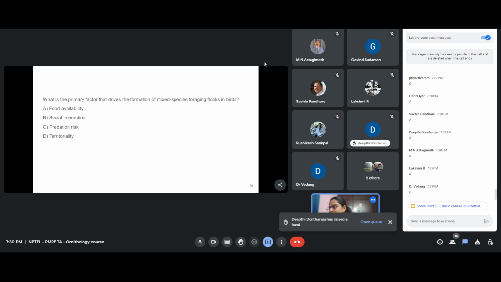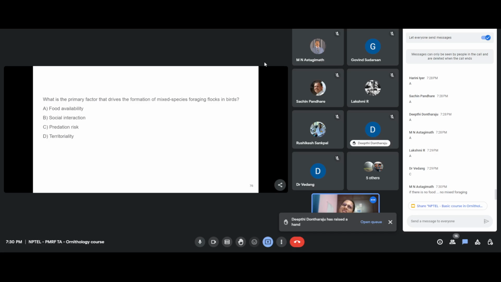Social interactions, I don't think birds want to socialize, so that's not why they are all coming together. Territoriality is definitely not the answer. So I think it would be shared between minimizing predation risk and maximizing food availability. But primarily, as you pointed out, if you have to rank, then it has to be A, because only if food is available will they come together.